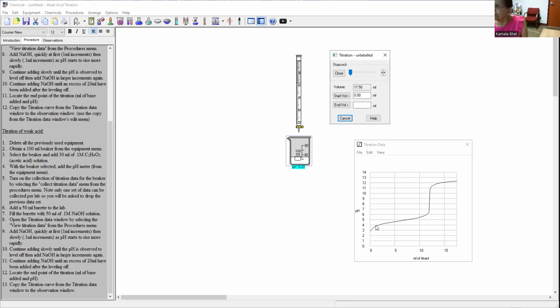But the buffer action basically tends to resist change in pH. And you can see that it is trying to resist change in pH, but after some time, you can see that the system cannot resist the pH change anymore, and then the pH gradually increases, and you get your standard curve.